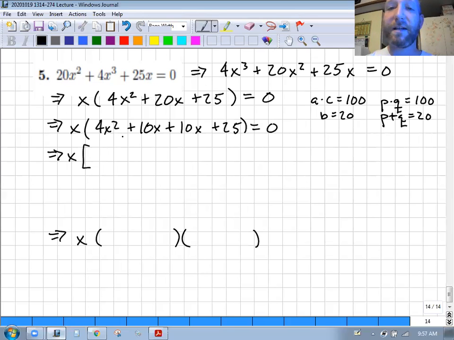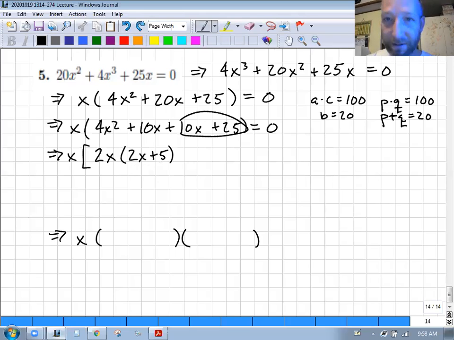So we're going to have brackets inside of brackets. Looking at this, if I pull out a 2x, I have a 2x plus 5, right? That's the 10x. That's the 4x squared. Now over here, if I pull out a 5, I have a 2x plus 5 as well.